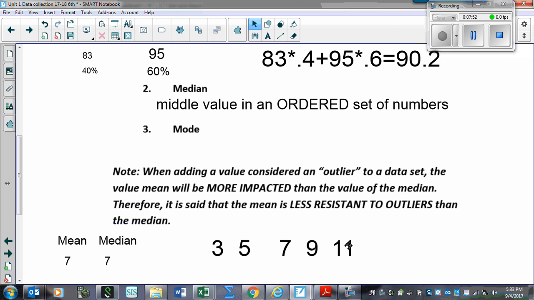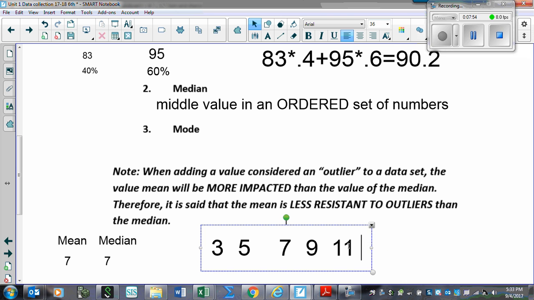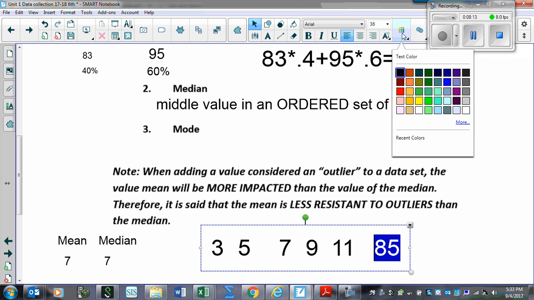Now we're going to add another value, and let's be silly and make it a gigantic number. I don't know, 85. 85 is our new number. Clearly an outlier.